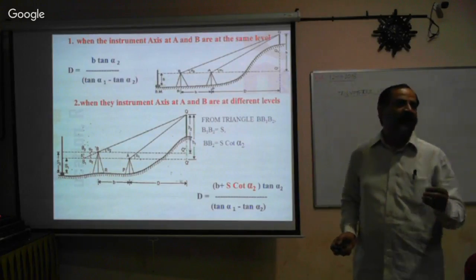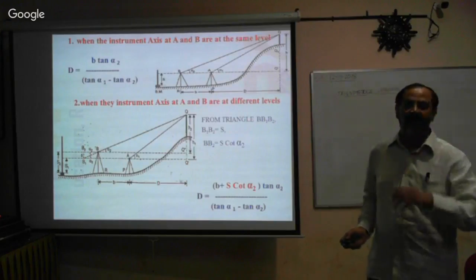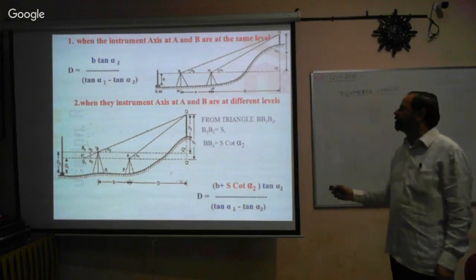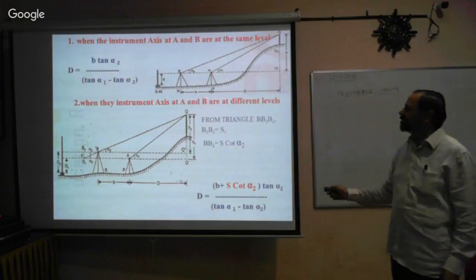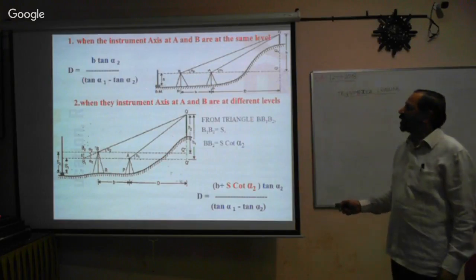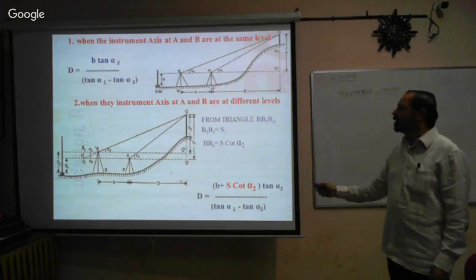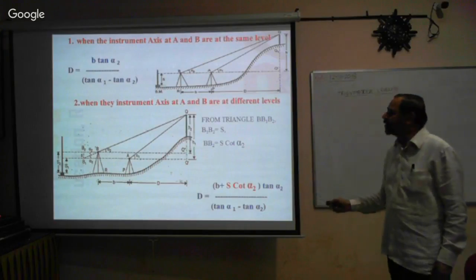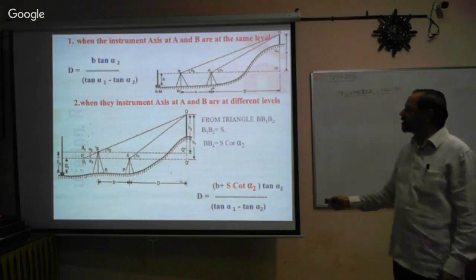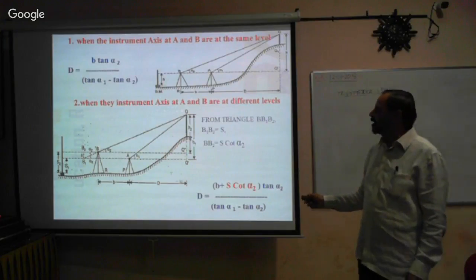It takes more time to achieve this position of the instrument in both the stations. Therefore, this is the case when the instrument axes at A and B are at the same level.